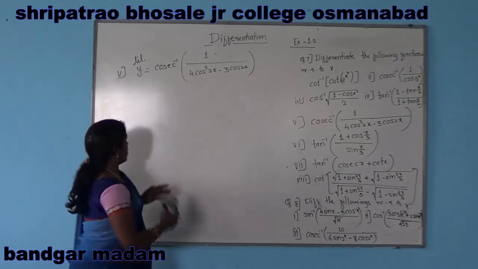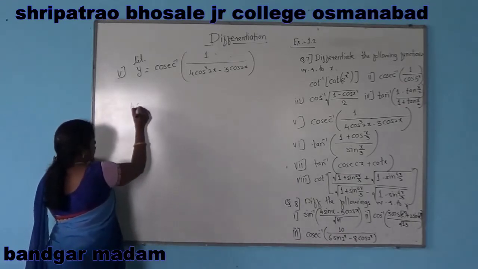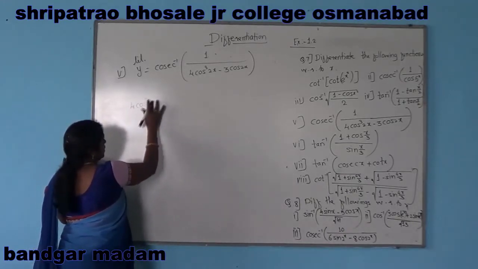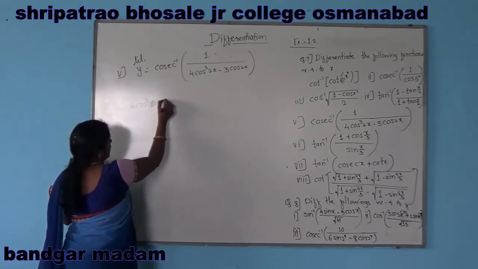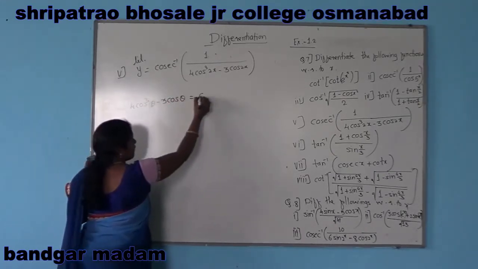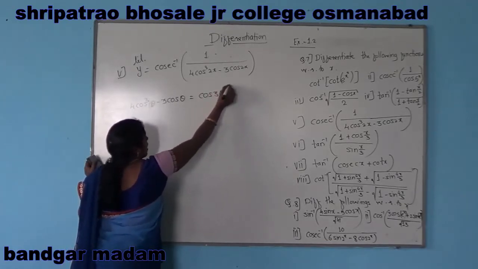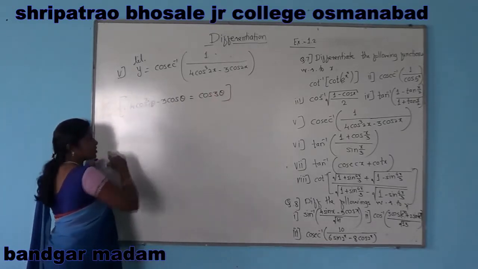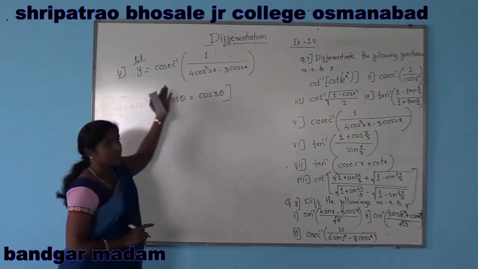Now this is of the form 4 cos cube theta minus 3 cos theta, which is formula for cos 3 theta. You have to know this formula, then only we can solve the example.